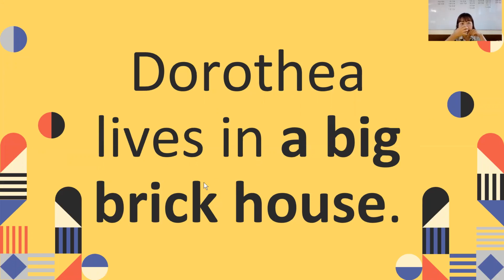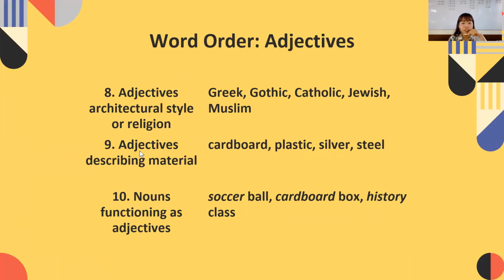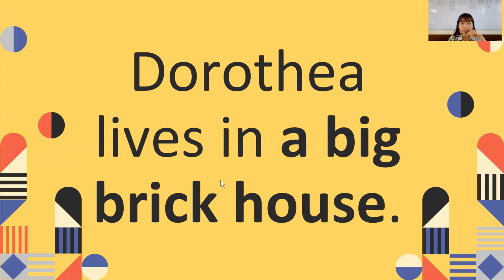So for example, brick, cement, asphalt, those are adjectives under your adjectives describing material. So we have there a big brick house. House, of course, is not an example of an adjective because this is a noun. This is the one being described by your big brick na adjectives.